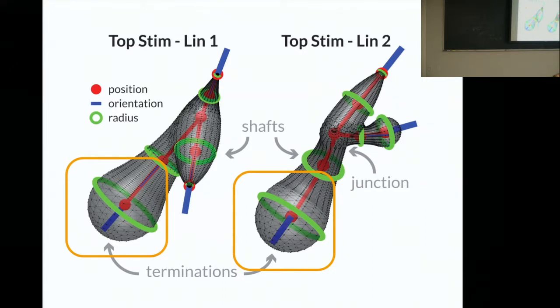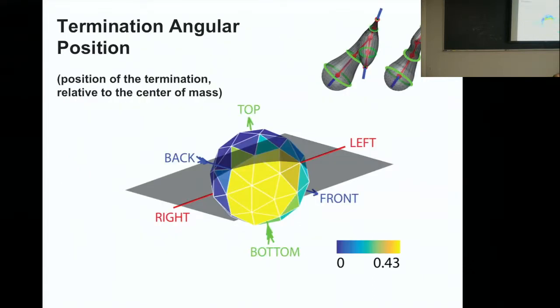Looking first at terminations. So this is a spherical plot of termination angular position, that is the angular position of the high response driving terminations relative to the object center. So object center would be at the center of the sphere, and this direction corresponds to the top of the object, the bottom of the object, the back of the object, the front of the object, the left and right.